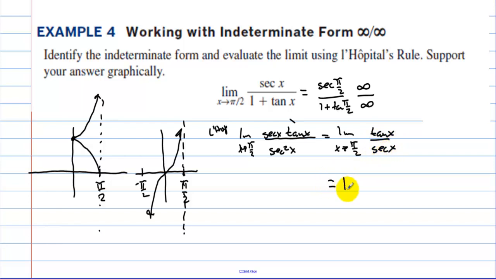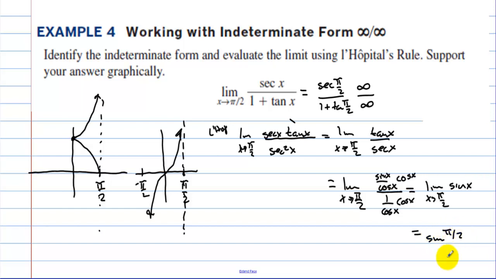That's equal to the limit as x approaches pi over 2 of sine of x over cosine of x over 1 over cosine of x. And now we can multiply the top and the bottom by cosine of x. We have limit as x approaches pi over 2 of sine of x, and that's equal to the sine of pi over 2, which is equal to 1.